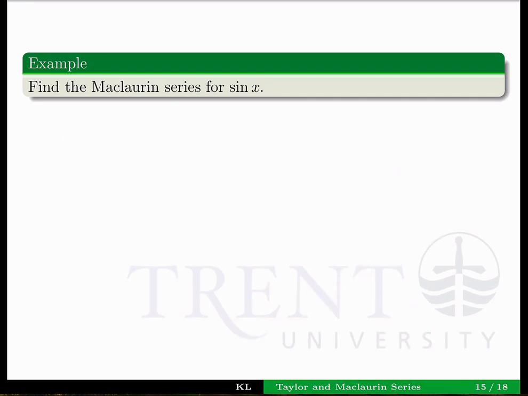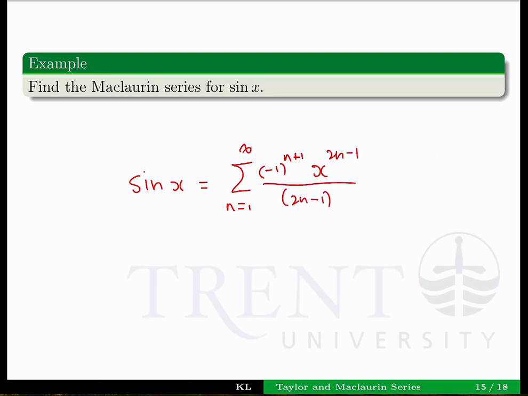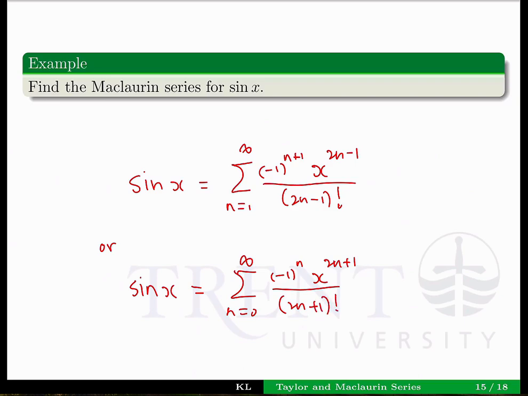So your sin x is equal to the sum, n from 1 to plus infinity, negative 1 to the n plus 1, x to the 2n minus 1 over 2n minus 1 factorial, or sin x equals the sum, n equals 0 to plus infinity, negative 1 to the n, x to the 2n plus 1 divided by 2n plus 1 factorial. Something that you need to memorize.